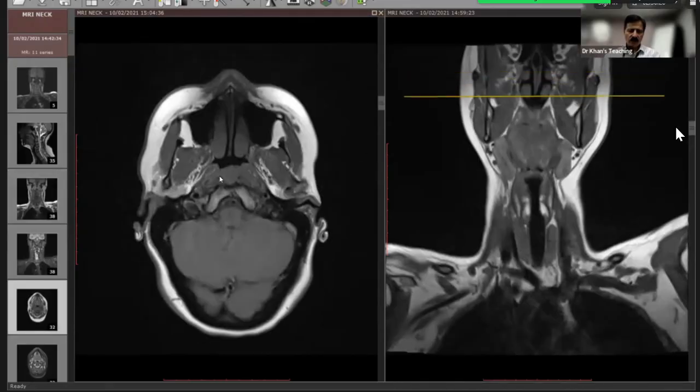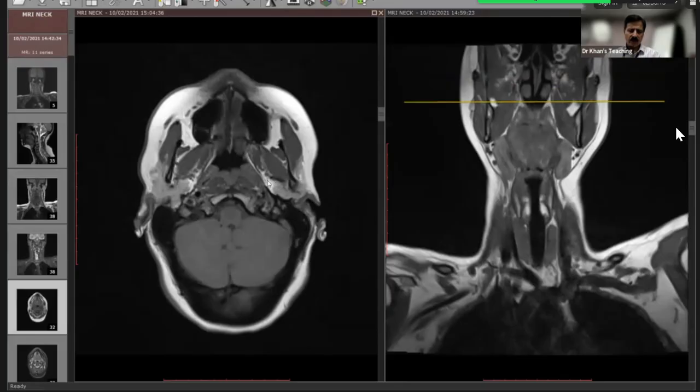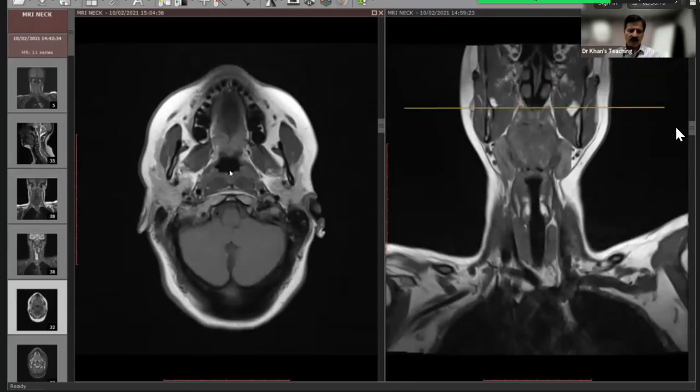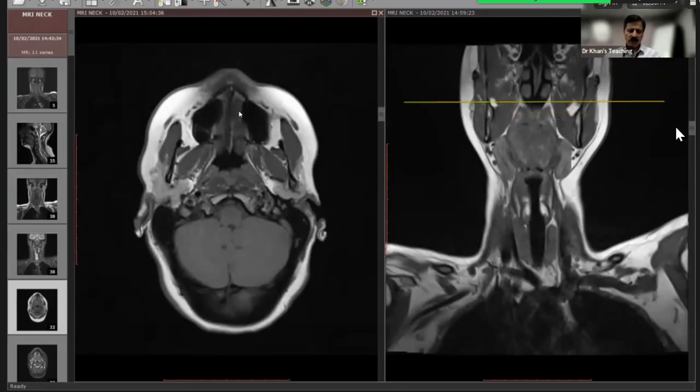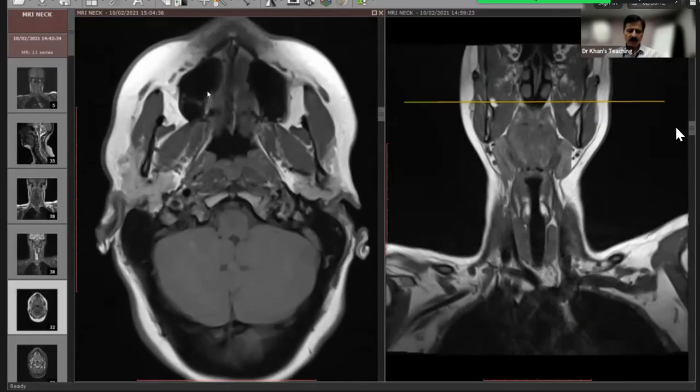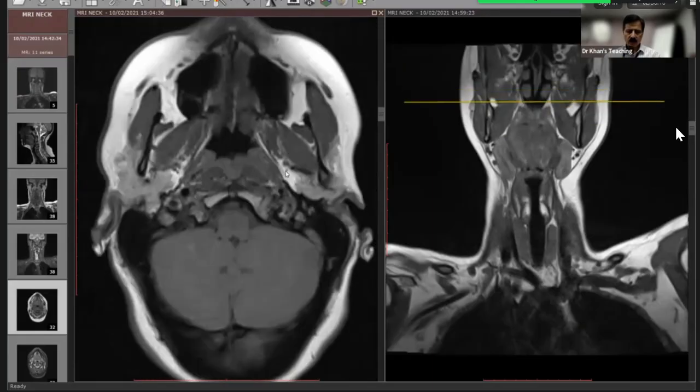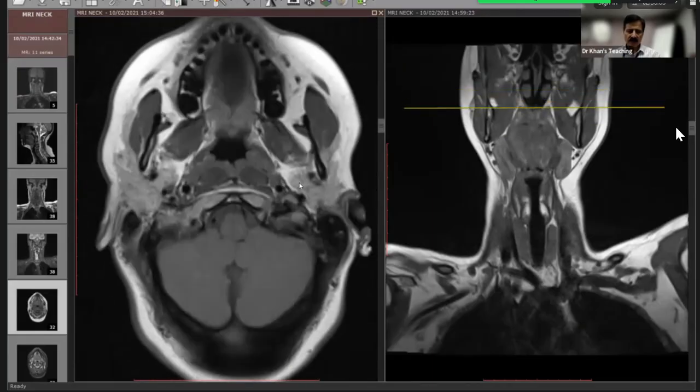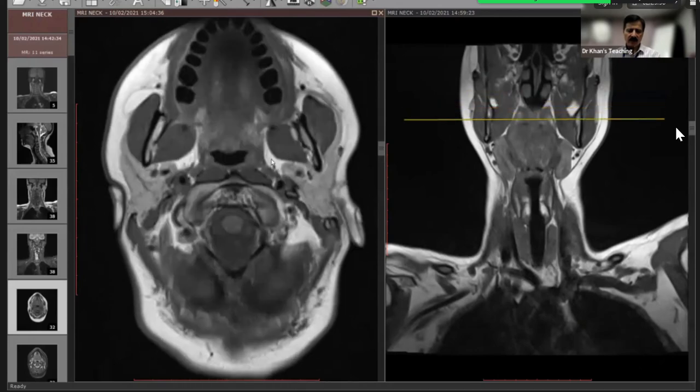So on this T1, fat is bright. So we are at the level of the nasopharynx, and you can see this fat here. So this is the deep lobe of the parotid. This is the carotid space. This is the masticator space, and this is the pharyngeal mucosal space.